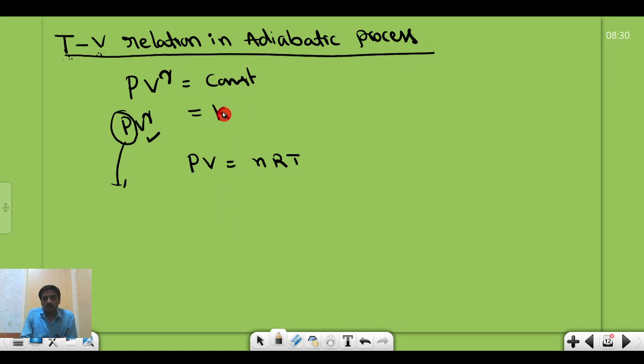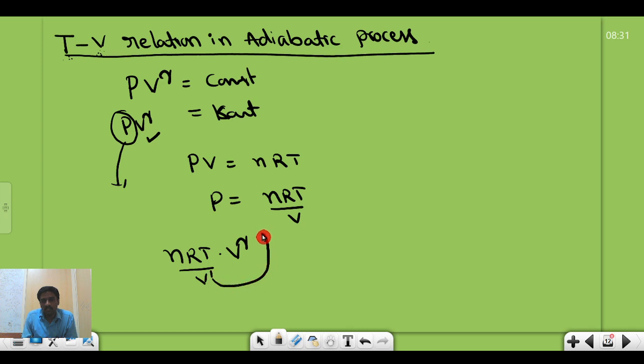Then P can be written as nRT divided by V. Substituting into the above equation, we get nRT into V power gamma divided by V, which becomes V power minus 1, equal to some constant.